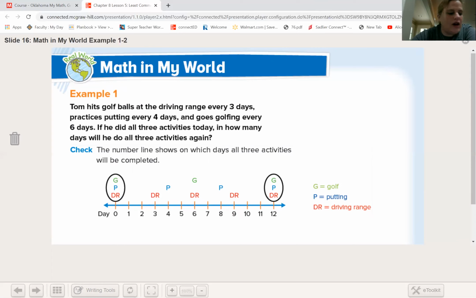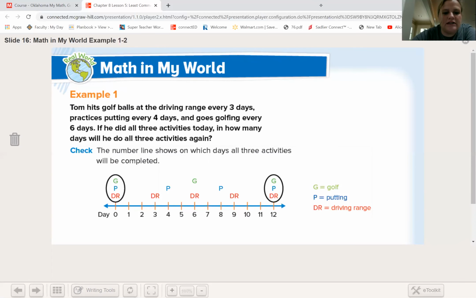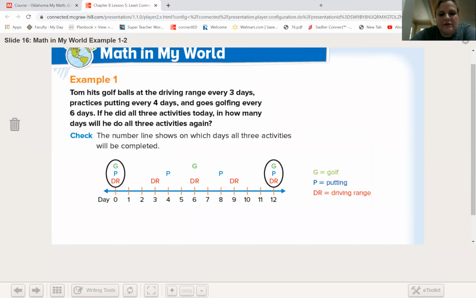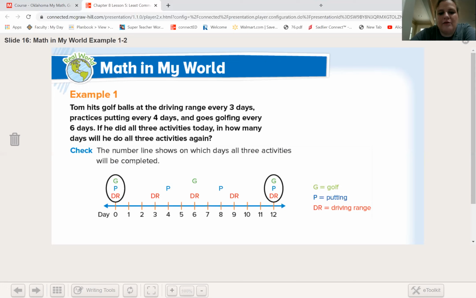And then they put a D for the driving range every 3 days: 0, 3, 6, 9, 12. The first place that all of these happen together is day 0. But you can see this is a driving day, a putting day, a driving and a golf day, a putting day, a driving day. And then on day 12, all 3 happen again. So the next time all 3 of them happen is on day 12. Okay?